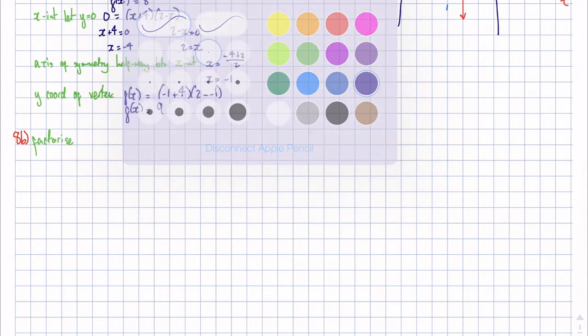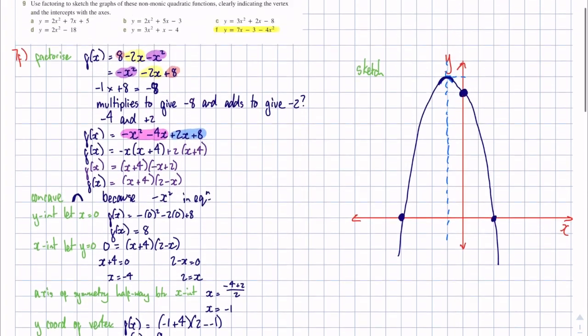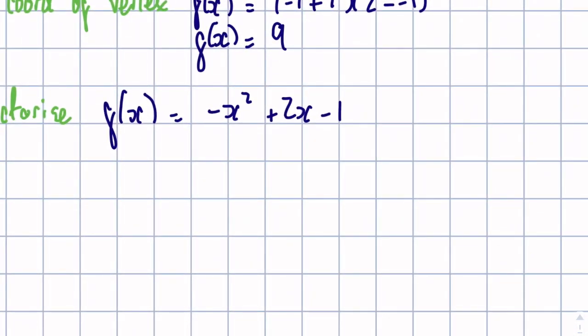8b. And we've got the equation f of x equals minus x squared plus 2x take 1. Let me double check. Yep. Okay. Minus 1 times minus 1 equals positive 1.